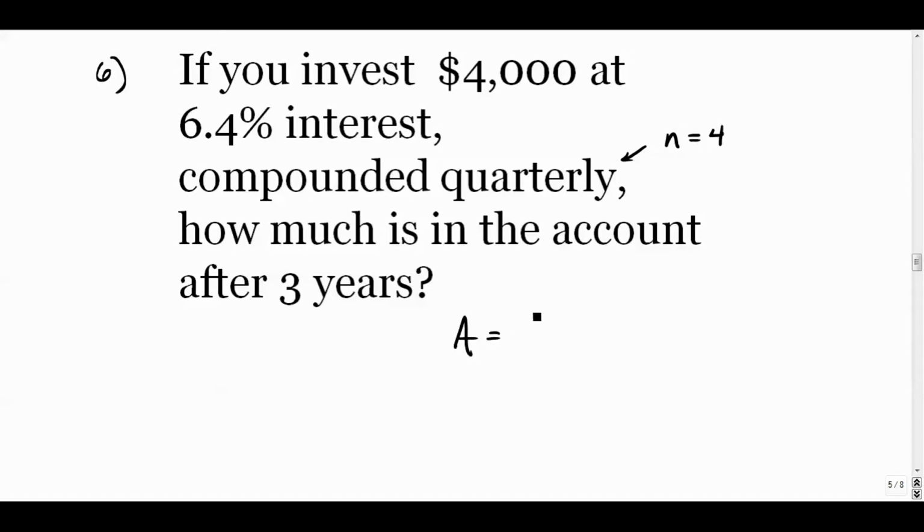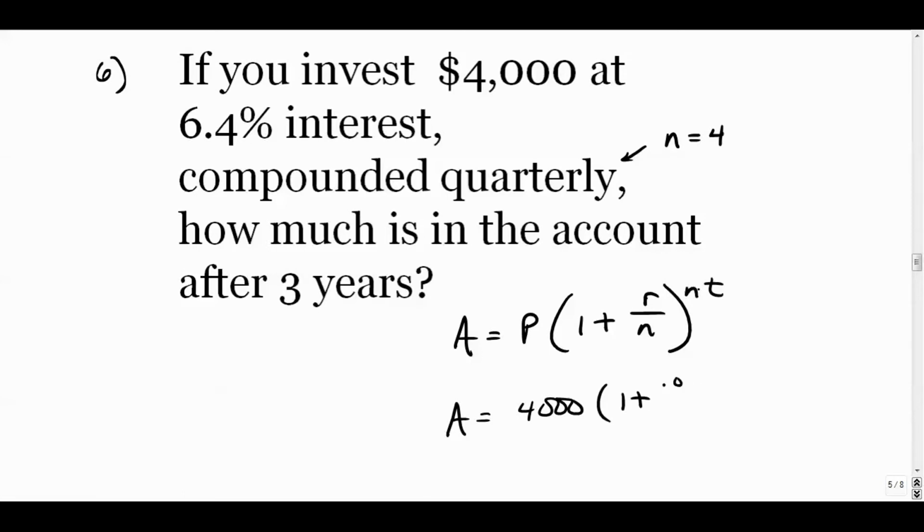So A is equal to my principal times 1 plus r over n raised to the n times t power. So I have $4,000 times 1 plus my rate, which is 0.064, over my n value, which is 4, raised to the 4 times 3.